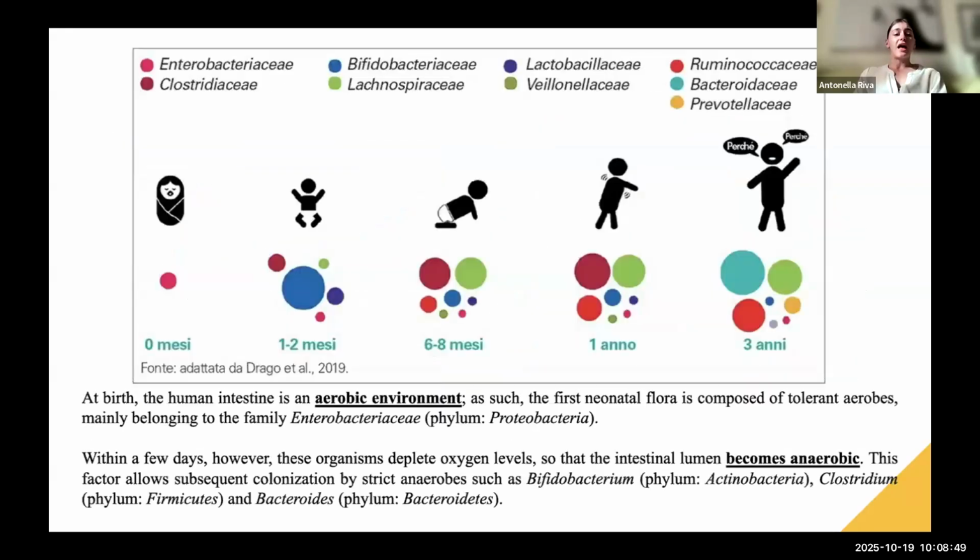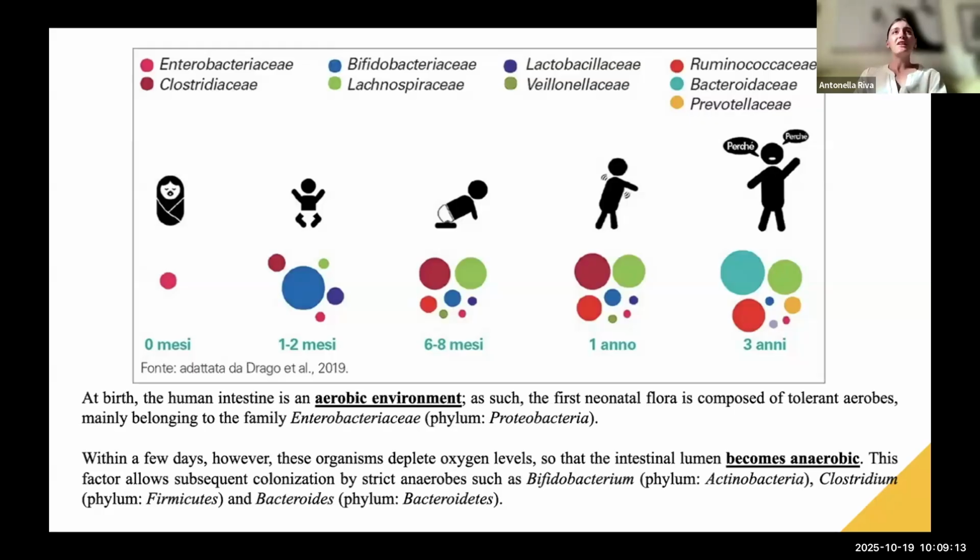But we also know that the newborn gut is mainly composed of an aerobic population. There is oxygen locally, so the bacterial species use oxygen to live, and these are Enterobacteriaceae.